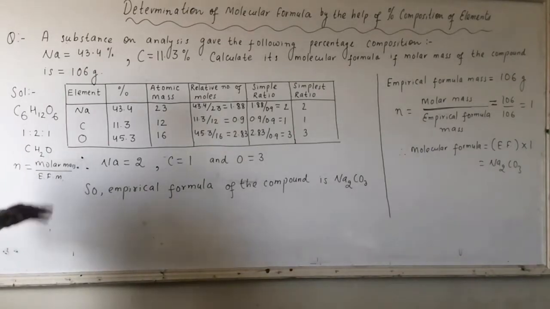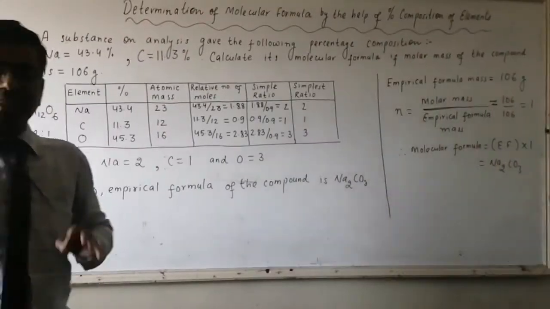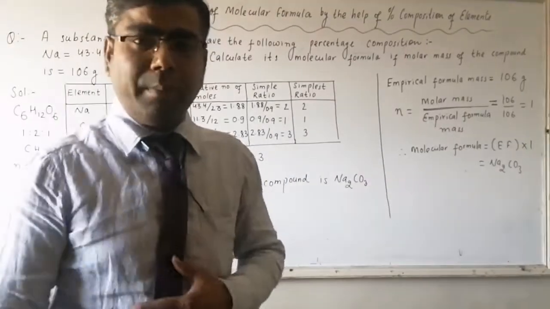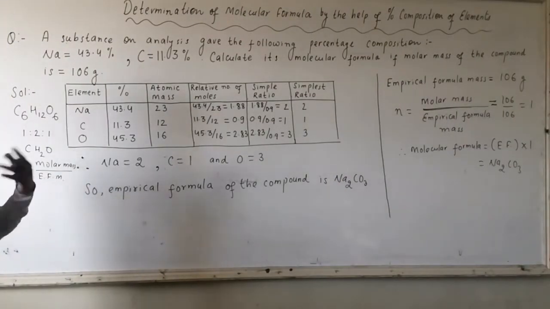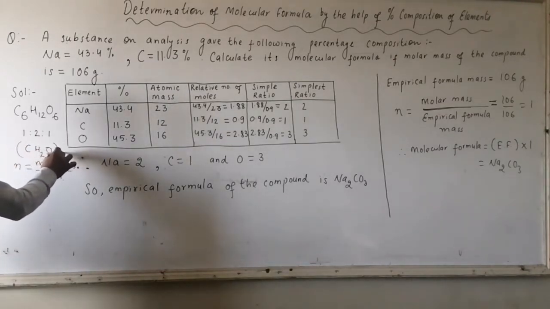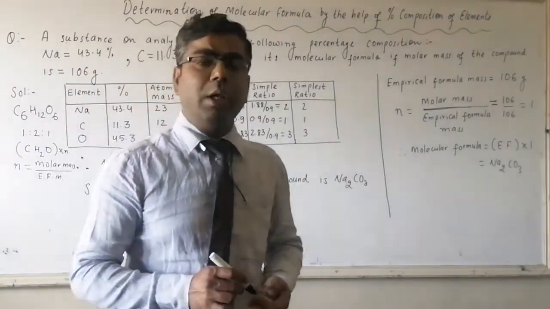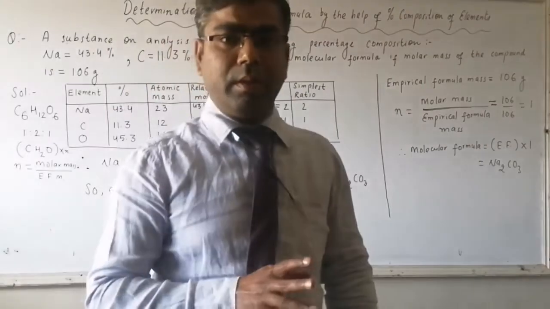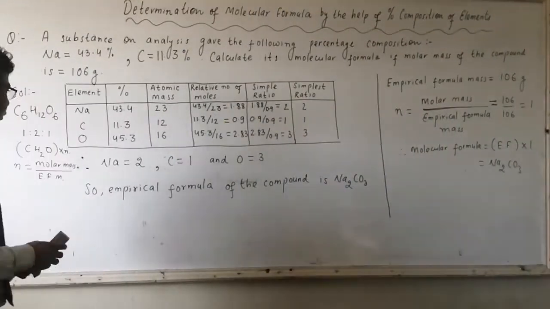Now what is the empirical formula mass? For carbon it is 12, for hydrogen it is 2 and for oxygen it is 16. So in total you will get 30 as the empirical formula mass. So 180 divided by 30 gives you 6. So factor n is 6. When factor n is multiplied by the empirical formula, you will obtain the molecular formula of the compound. In this manner, we will find out the molecular formula.